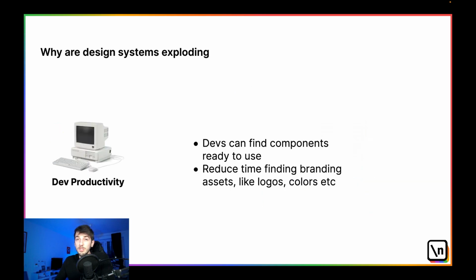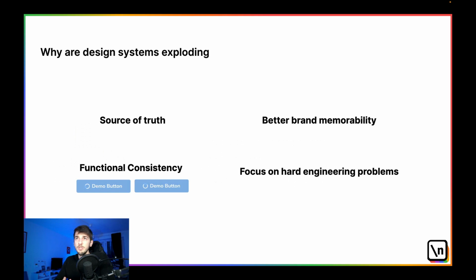A second important reason is that the developers' productivity is actually increased, and two examples: the devs can find components ready to use instead of building them from scratch, and they can reduce time finding branding assets, for example, logos, colors, and more stuff that are really hard to reach if we don't have a centralized place to look for them.